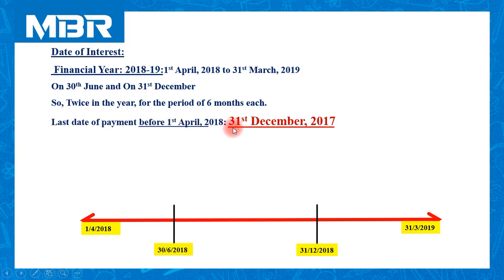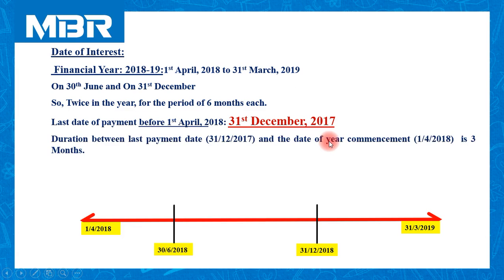The last date of payment before 1st April 2018 is December 31st 2017. So the duration between the last payment date, that is December 31 2017, and the first day of the current financial year, 1st April 2018, is 3 months.